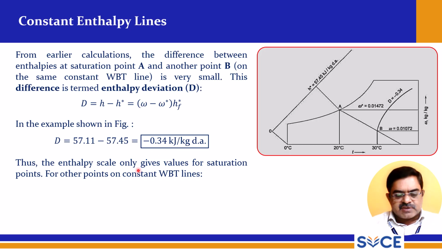So thus the enthalpy scale only gives values for saturation points. For other points on constant wet bulb lines, H equal to H star plus D. So this enthalpy equation can be used to find the H.